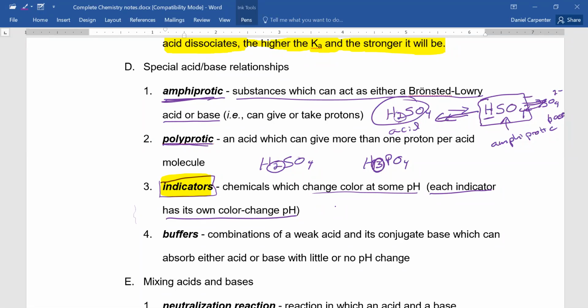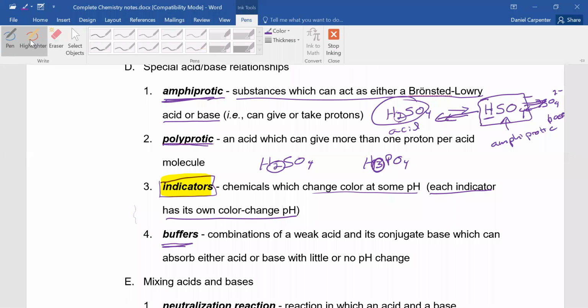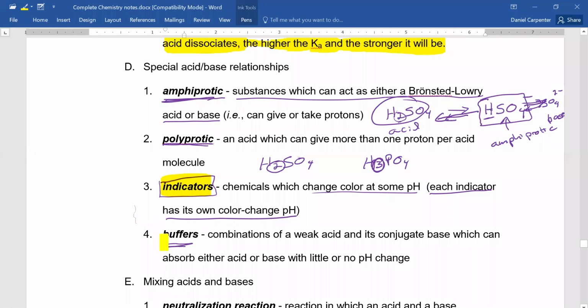Last term is buffers. I'll start with what they do because that is actually what is easier to understand. Buffers absorb either acid or base with little or no pH change.